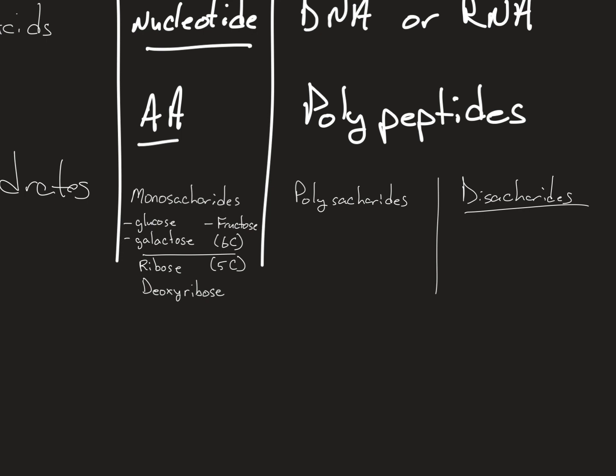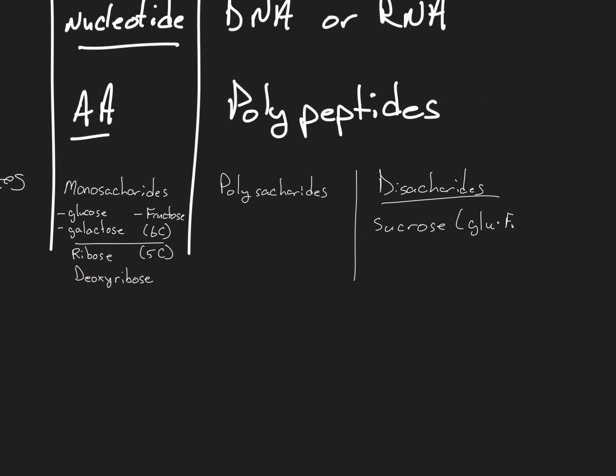Some of the disaccharides are table sugar, or something called sucrose. Do you need to know that sucrose is glucose and fructose? If you know that, that's great. You do not have to know it for the test. I'm not going to ask you such a question.